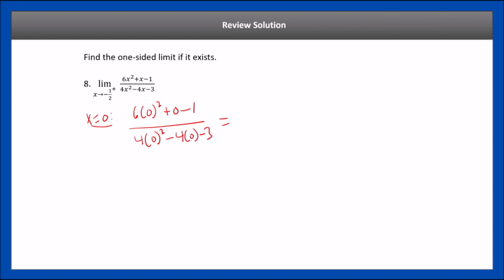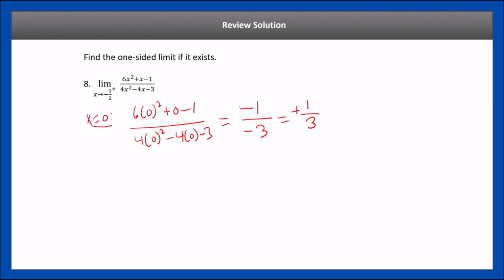So we get 0 plus 0 minus 1, which is negative 1, and 0 minus 0 minus 3, which is negative 3. So negative 1 over negative 3 is positive 1/3. Again, it just matters whether it's positive or negative, and it's a positive number. So it's got to be positive infinity.